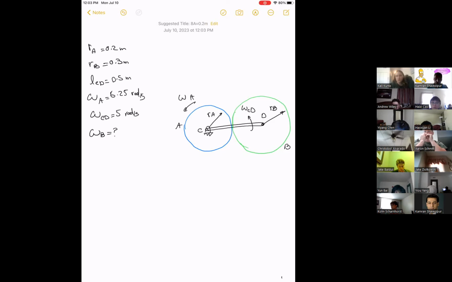Now, if you look at this problem, we have three objects, A, B, and CD, right? What kind of motion does each of these objects have? General motion. We have three objects, all of them general motion?